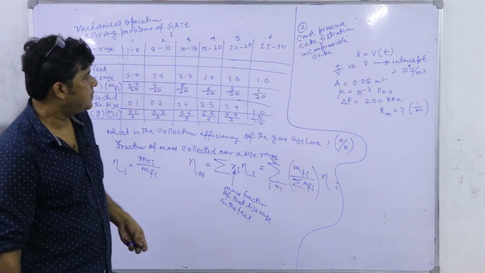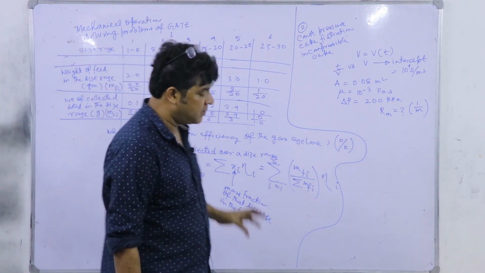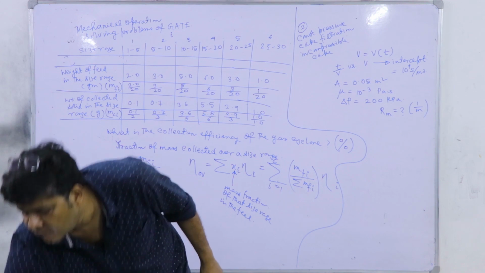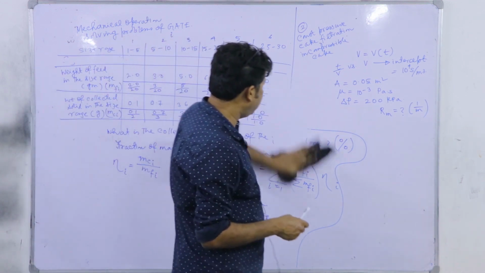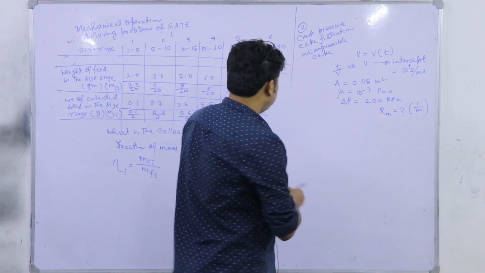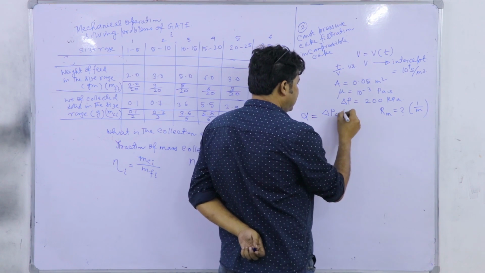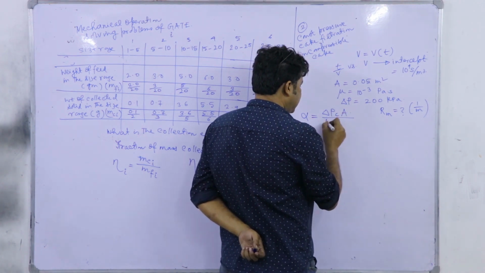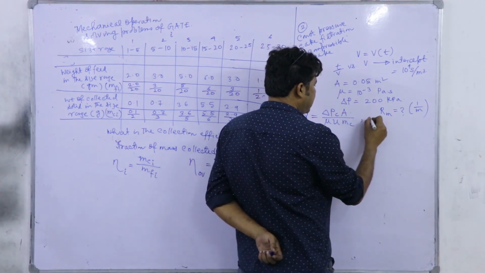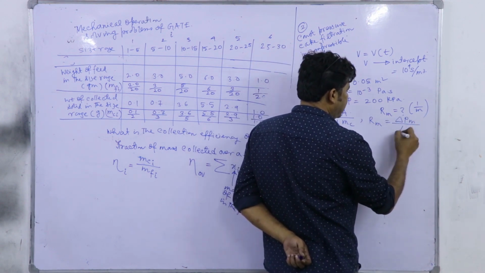So, you see, in filtration I simply remember the definition of alpha and of Rm. Alpha is defined as delta Pc into A divided by mu u mc, and Rm is defined as delta Pm divided by mu u.